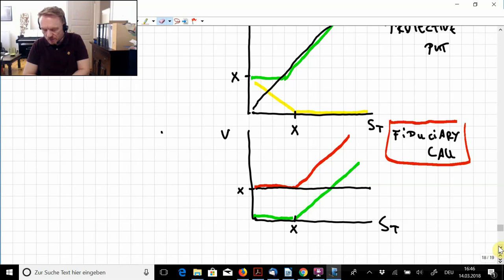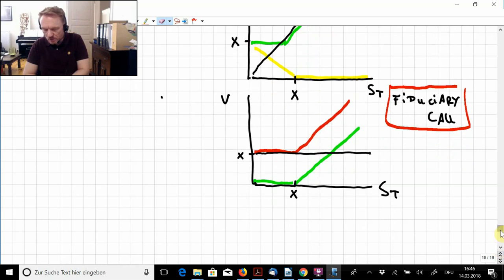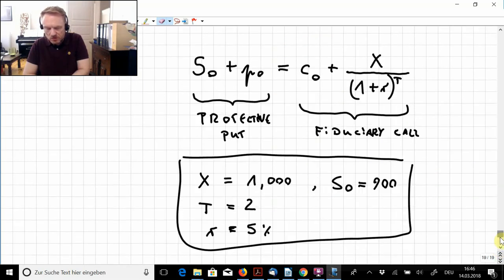That's why this equation holds: S0 plus P0 is equal to C0 plus X divided by (1 plus R) to the power of T. So the value of the protective put right now equals the value of the fiduciary call right now, giving us some very important things to understand.